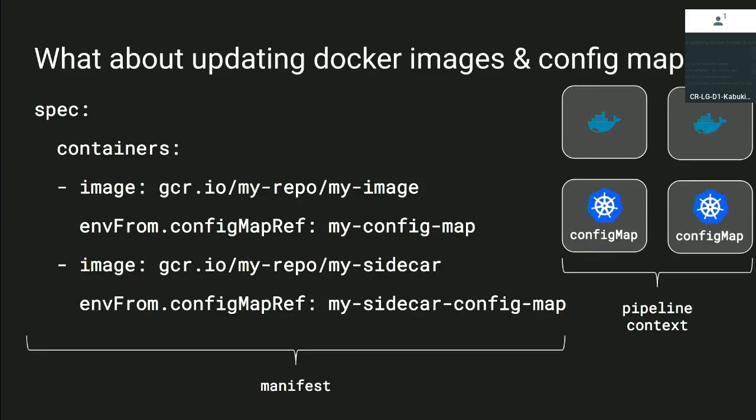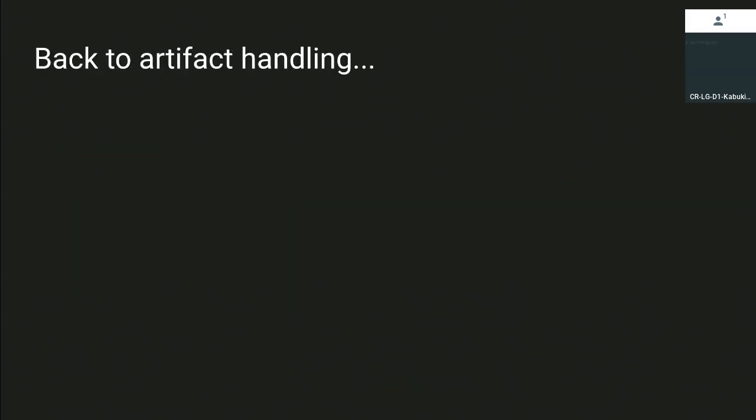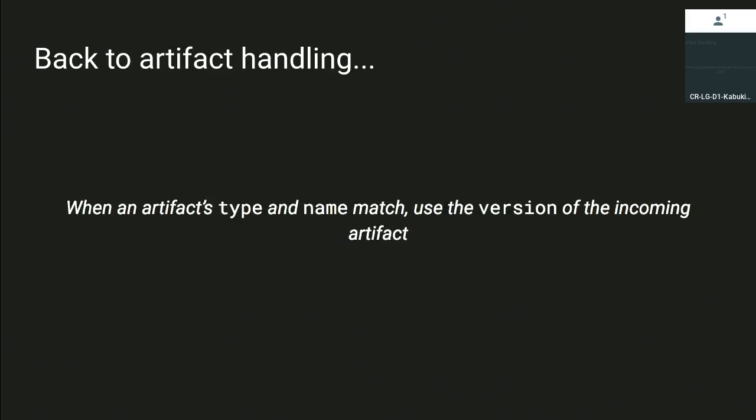But what if you have multiple container images, and one's a primary container, one's a sidecar, and you expect to be able to update more than one at a time? In this case, it's really not so obvious just from looking at it like this. So going back to what we had in the artifact handling, we have these extra fields. If you have, in your pipeline context, an artifact with a certain type and name, and in your manifest you have the exact same type and name, you can use the version to match these artifacts.